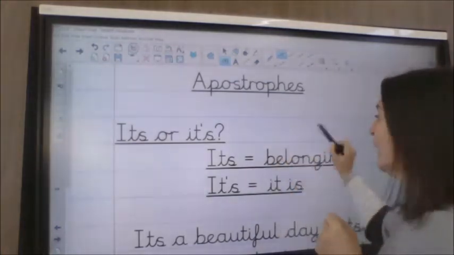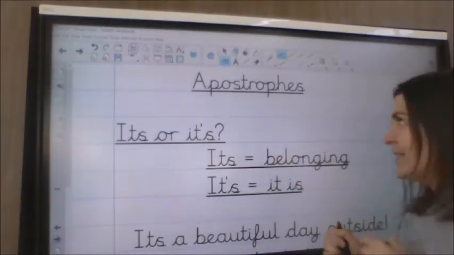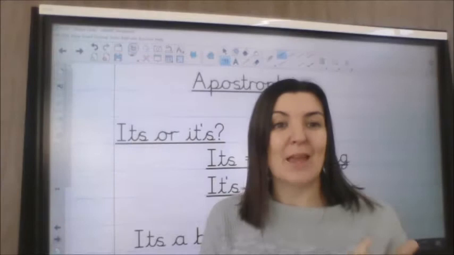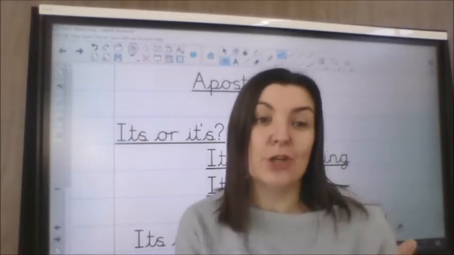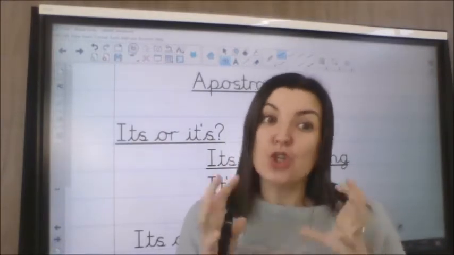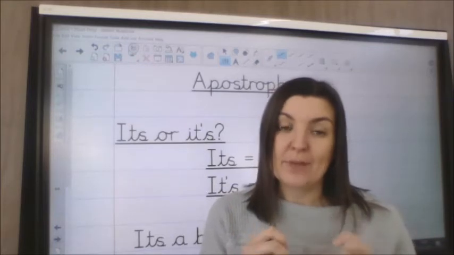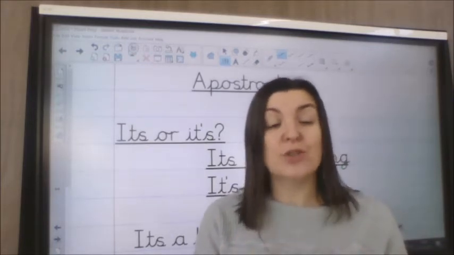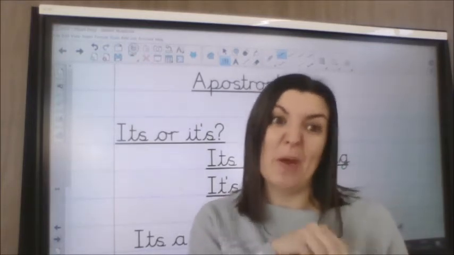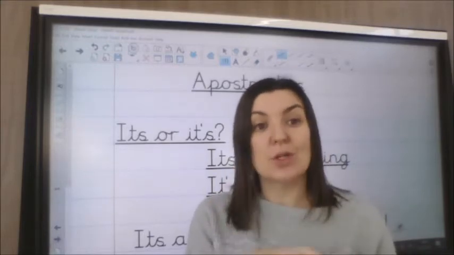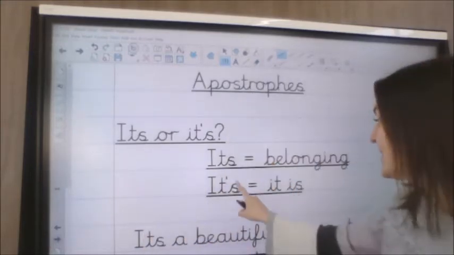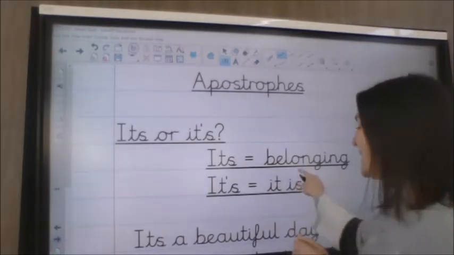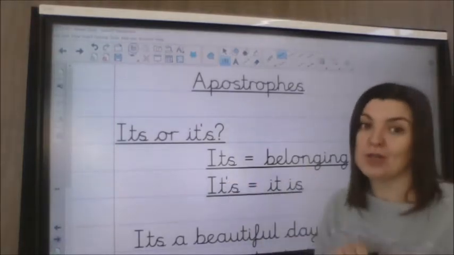It's for belonging. So for example, it wagged its tail for a dog. That doesn't have an apostrophe. So if it is used to show something belongs to a thing, then it doesn't use an apostrophe. If it is for it is, then it does use an apostrophe.